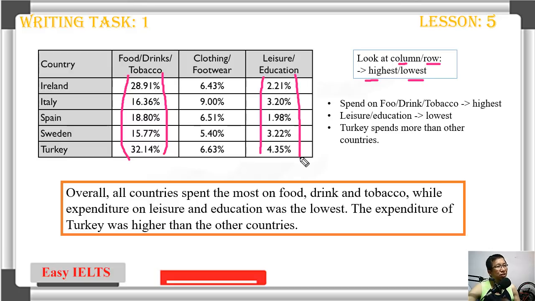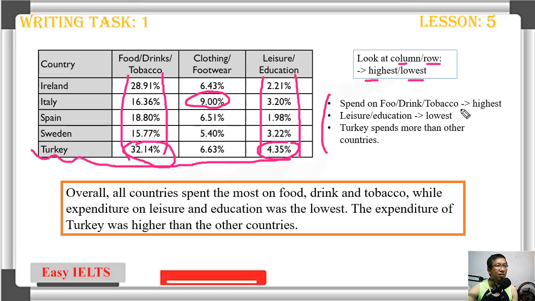So very easy to see. And if we look at the column here, this number is highest, and the column here, this number is highest, the column here, this number is highest. And now you can see that Turkey spends more than other countries.